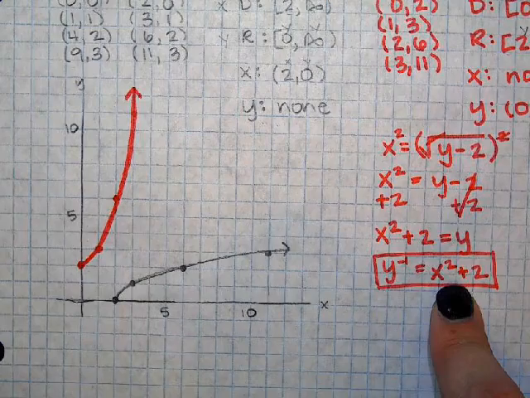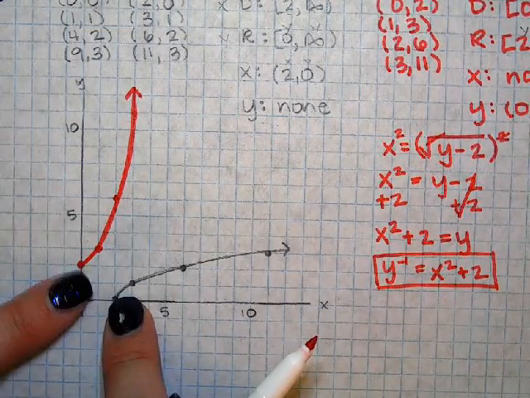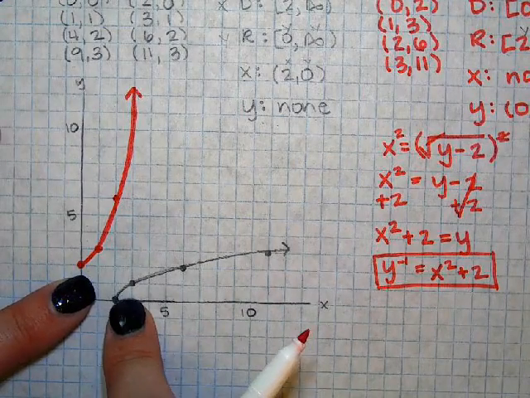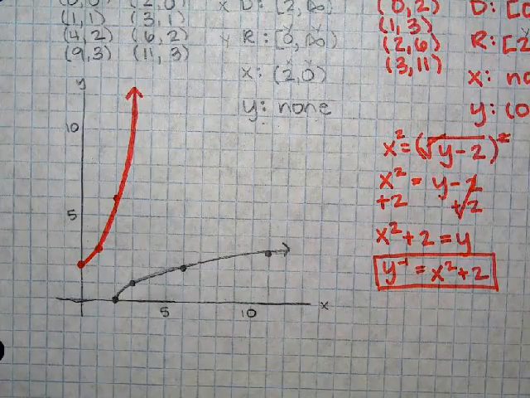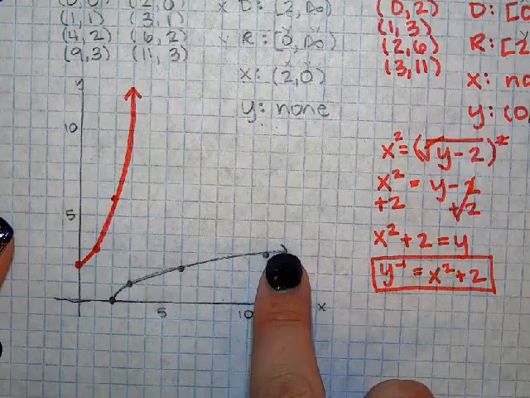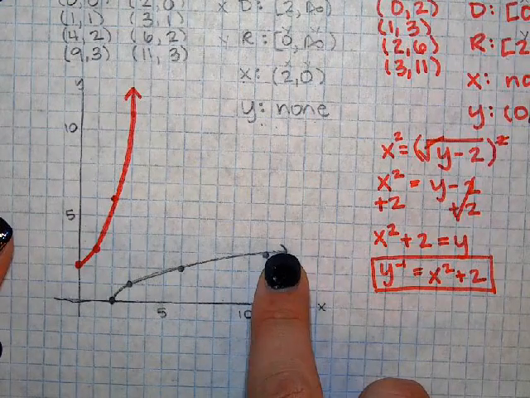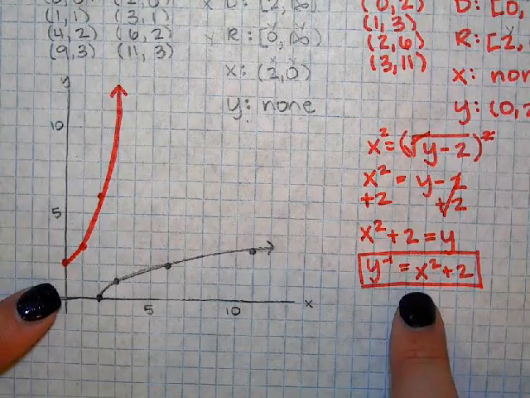So the trick is, though, we know that the way that inverses work is you're supposed to take the points and trade the x's and the y's and draw them, right? So we found the inverse correctly. We didn't do anything wrong. But when we found it, we only found half of a parabola.